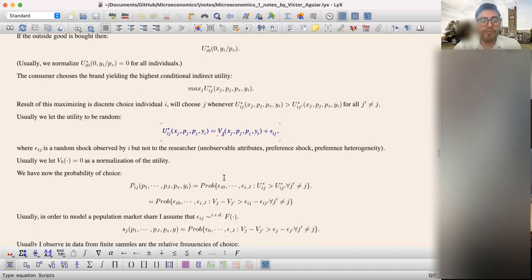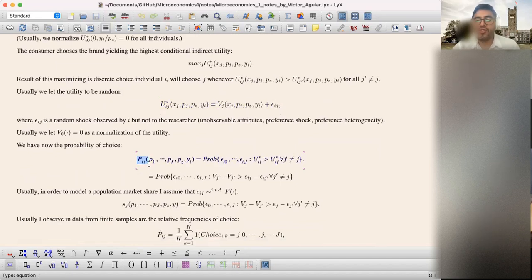So let me introduce to you this object, which is mathematically a probability of choice. At this stage, we're going to be very careful about the notation. At this level of generality, I'm not going to force the shocks to be IID. In the most general world, we could theoretically predict the probability of choice of any given individual.